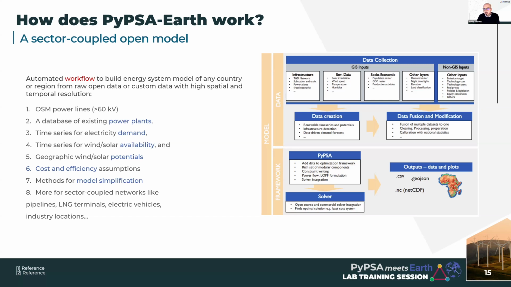I've also seen some questions in the chat: if we have poor data for some country, we already provide custom data options at many levels, where the user can define, say, the regions of each node, or their own power plants or their own industry data set and so on.